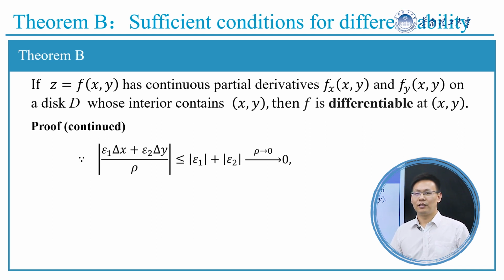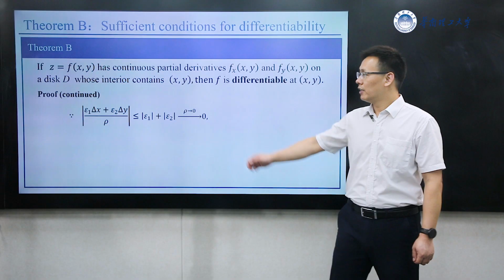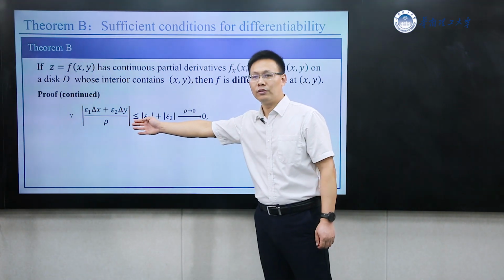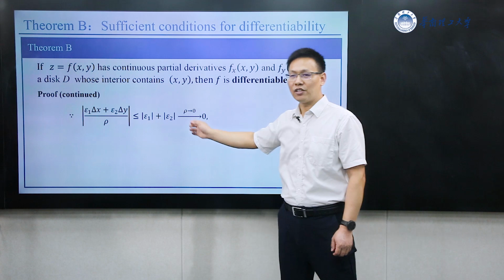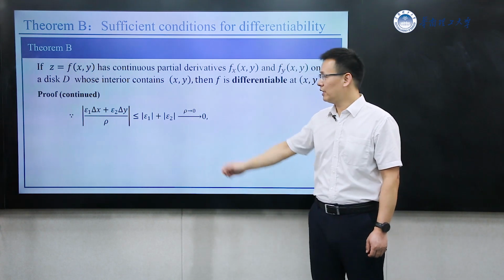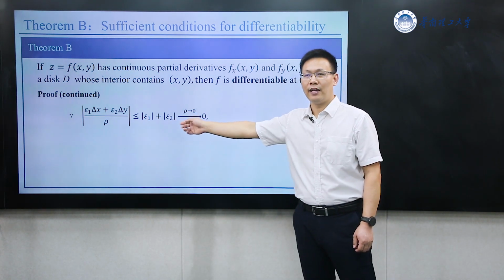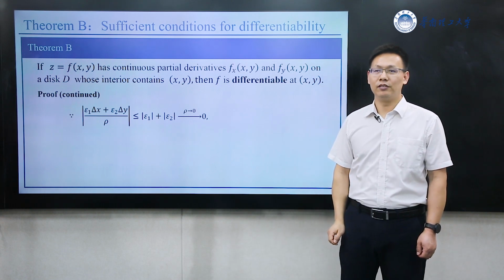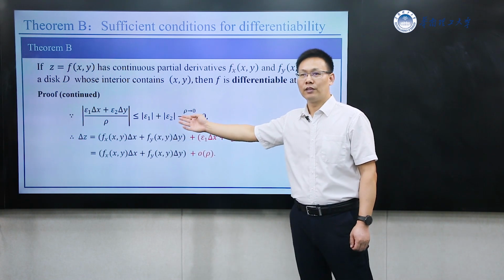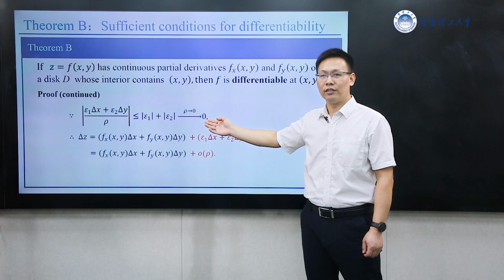In fact, the absolute value of this term over ρ is not larger than the sum of these two terms. As ρ approaches 0, the latter terms tend to 0.